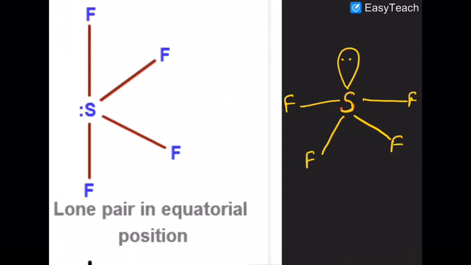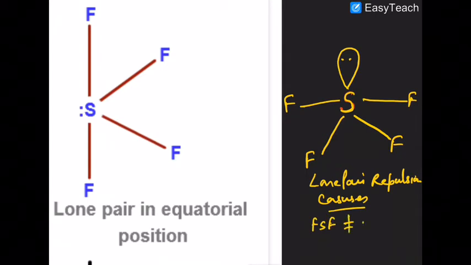Due to lone pair repulsion, that bond angle is slightly not perpendicular to the equatorial bonds. I am repeating once more, they are not strictly perpendicular now. Why is it so? The reason being lone pair repulsion. So lone pair repulsion causes the FSF bond angle to be not equal to 90.